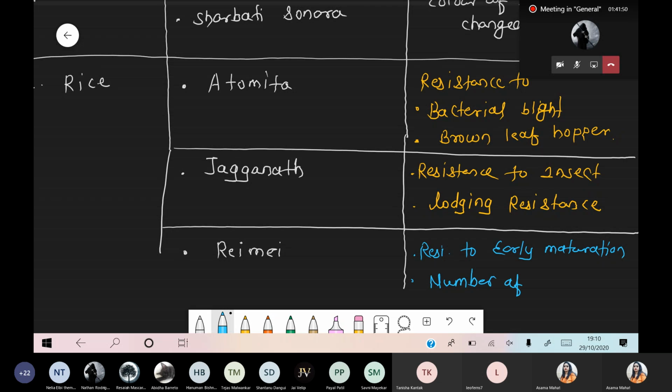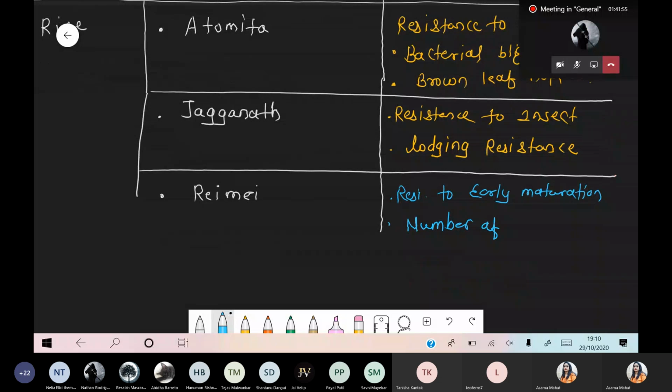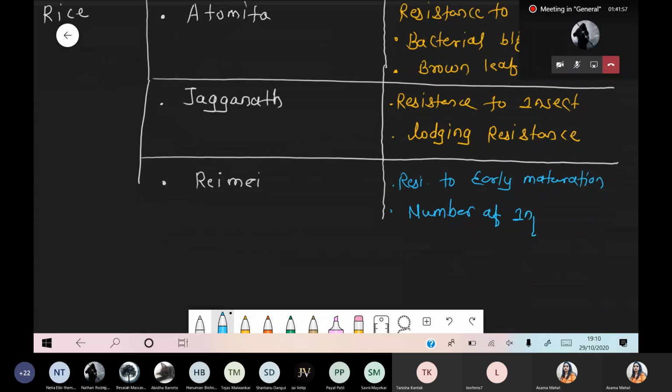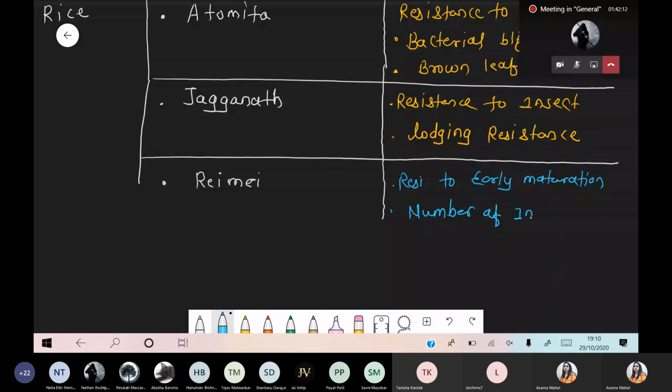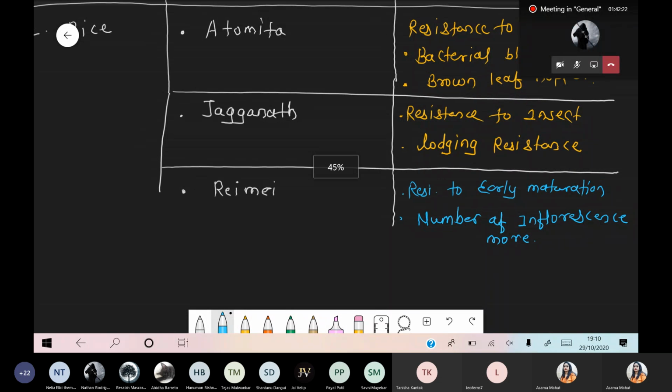Because see, if inflorescence is more, it means that productivity also is more. So the number of inflorescence is more. So these are the three rice varieties.